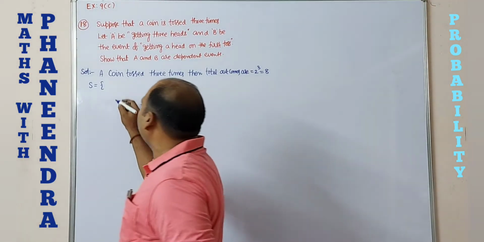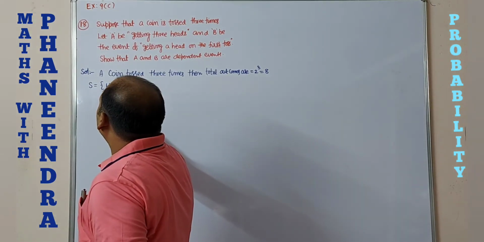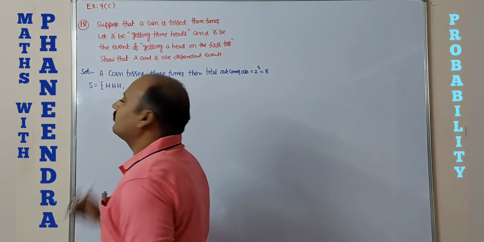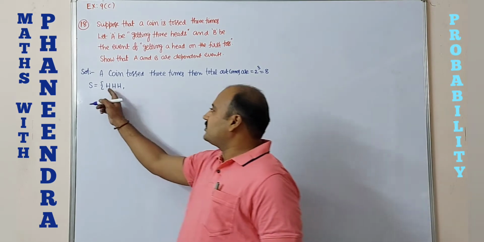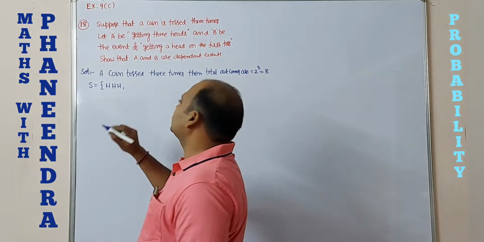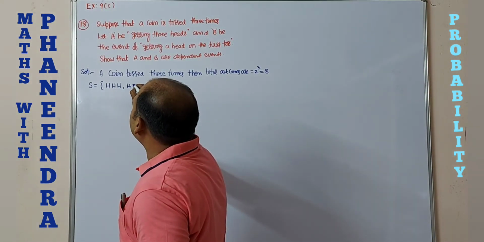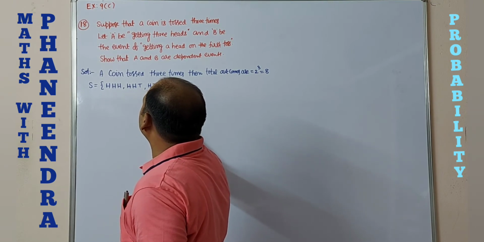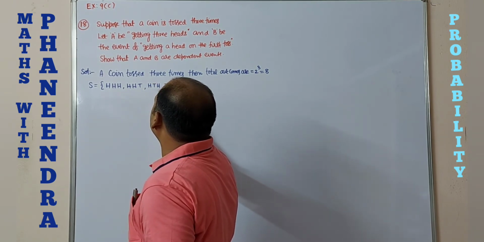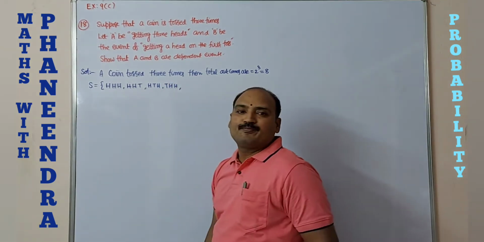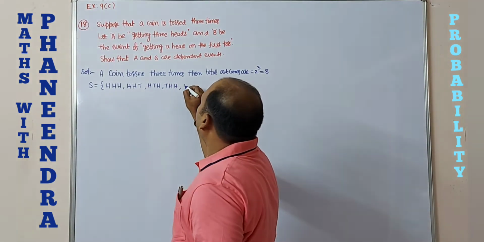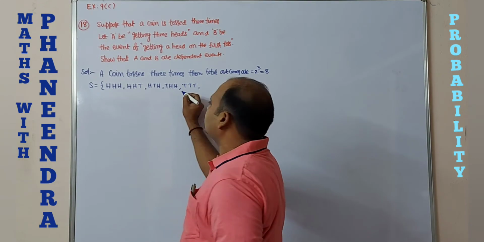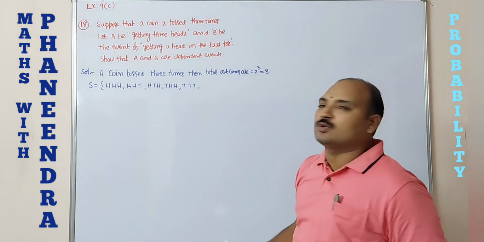I am writing here. H in the first toss, second toss, third toss, like this. Next T, next H, next H. Next all tails. First toss, second toss, third toss, all tails only.